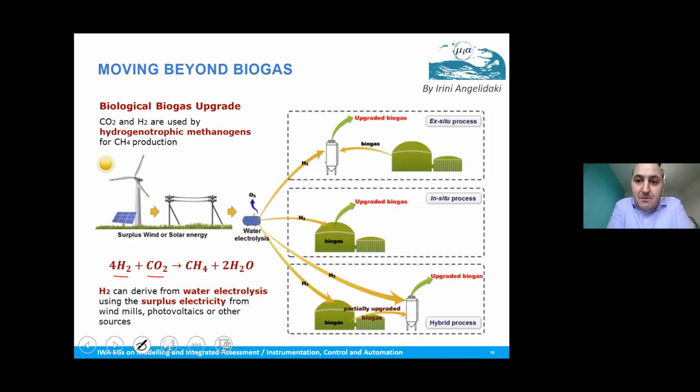It was presented in 3 different bioreactor configurations: ex-situ configuration, where hydrogen and biogas are upgraded in an external bioreactor; in situ biogas upgrading, where hydrogen is injected into the anaerobic digestion; and also a hybrid process, where biogas is partially upgraded in the anaerobic digestion and then finally polished in an external bioreactor, also provided with hydrogen.